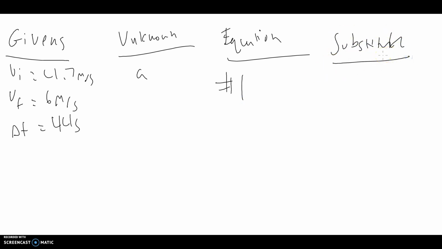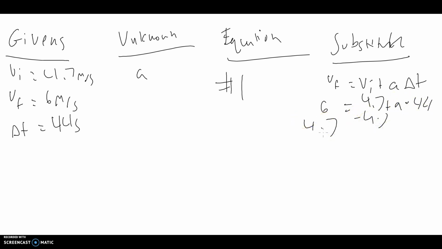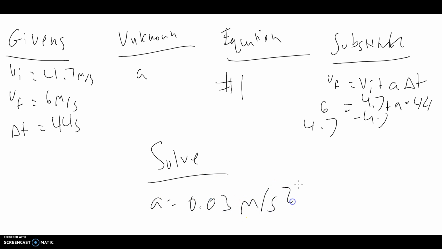Okay, so equation number 1 is VF equals VI plus A delta T, and 6 equals 4.7 plus A times 44. So what I would do is subtract 4.7 on each side and then divide by 44 so that you could get A. And when you solve, if you do it correctly, you should get that A equals 0.03 meters per second squared. So that is the last problem I'm going to do with you.